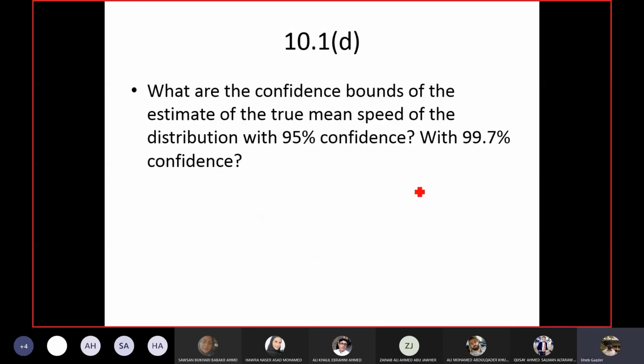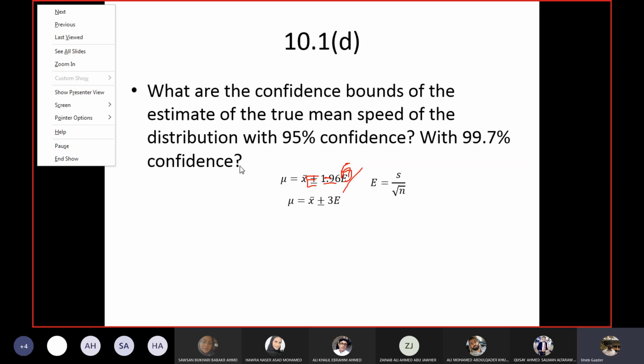Then the 95% and 99.7% confidence intervals. For calculating the confidence interval, I need the E value. E is S upon root of n.